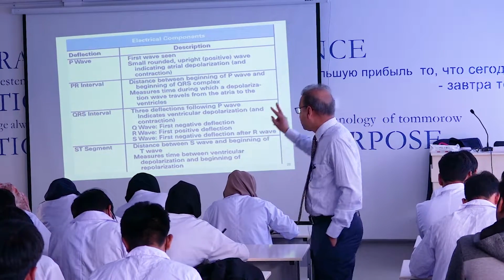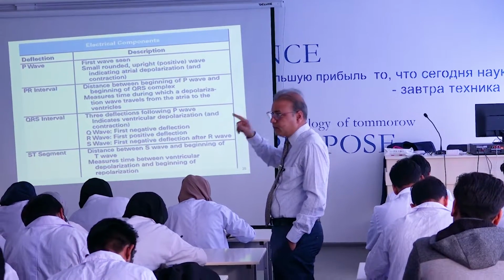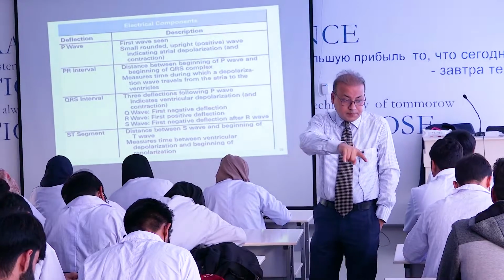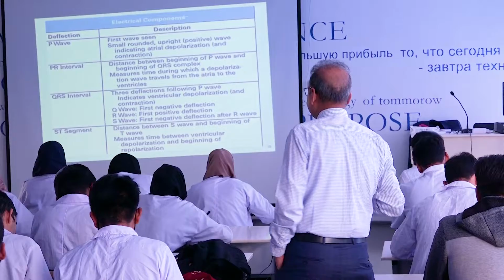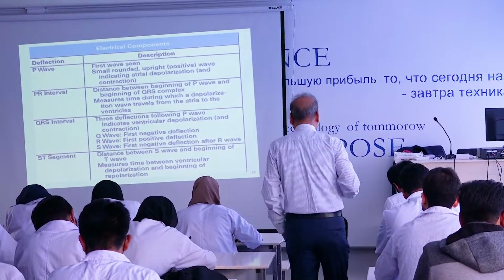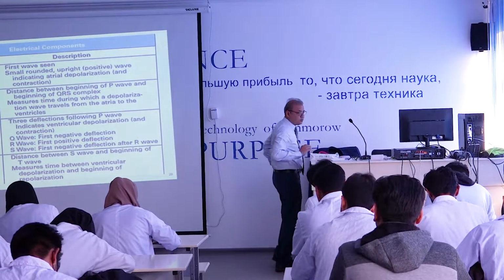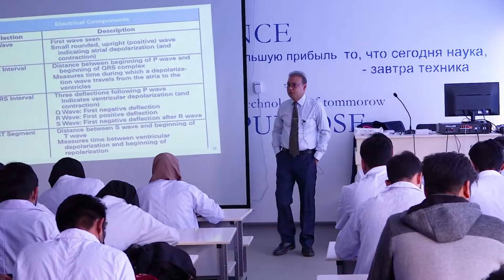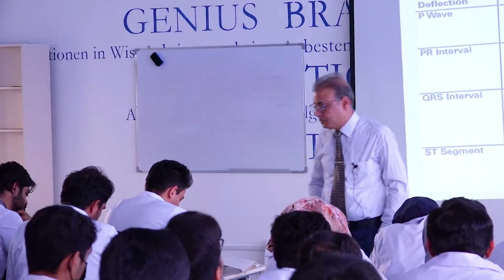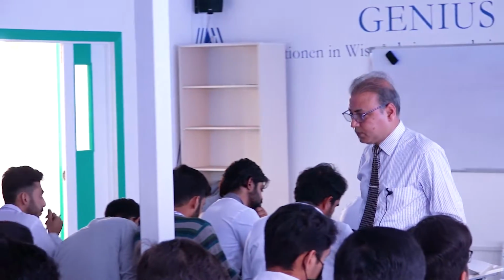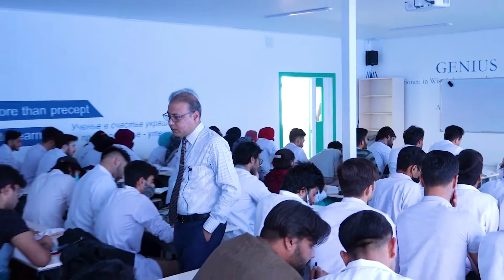And when we talk about segments: PR, QT, ST. QT, we just talked about, speed of the paper, how to calculate. Complete? Don't waste time, fast, move. Fast. Don't talk. Write fast.